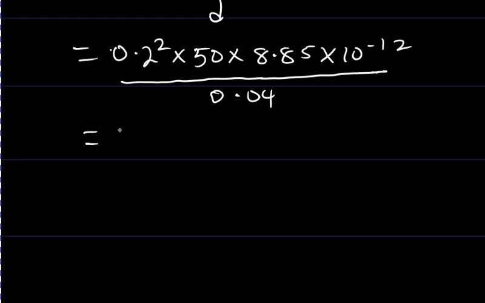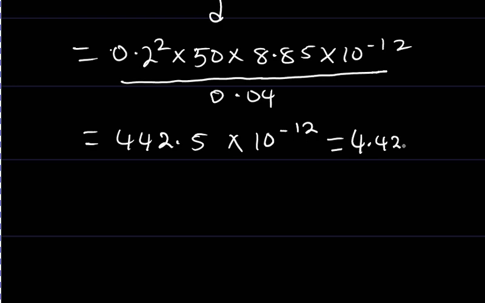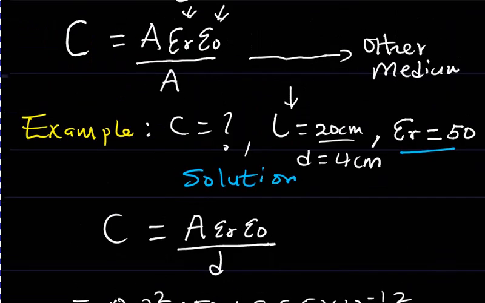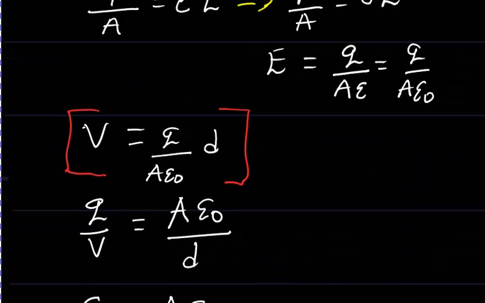That gives 442.5 times 10 raised to the power of minus 12. So in the standard form, I move this 1, 2, 3, so I have to add 3 to the power of 10. That's going to be 4.425. Then I move this 2 times, so that's going to be 10 raised to the power of minus 10, and that is going to be in farad. I hope that is well understood. It is really very important.